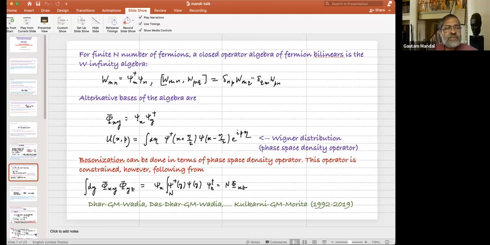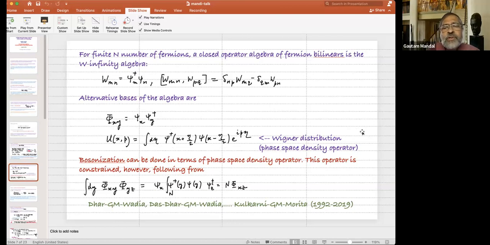There are alternative bases of this algebra. This one is written in terms of the position variables, or U of x, p, which is some integral transform of this phi of x, y. This is called the Wigner distribution or the phase space density operator.